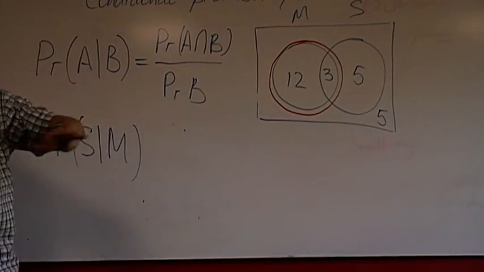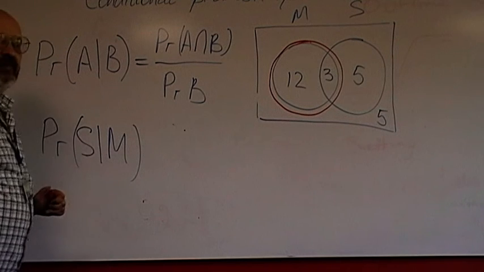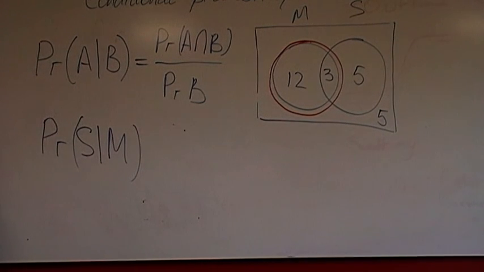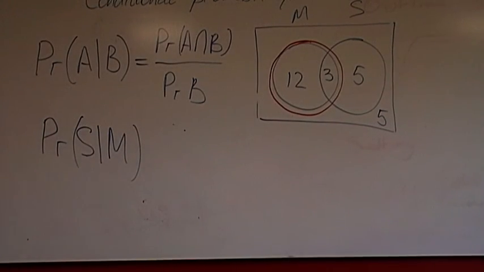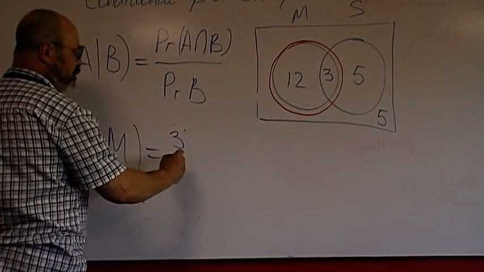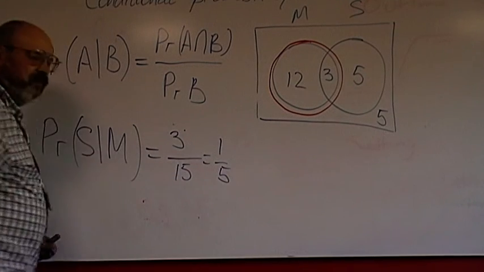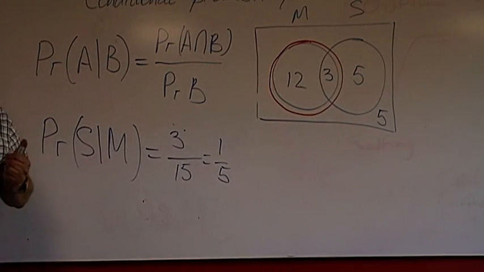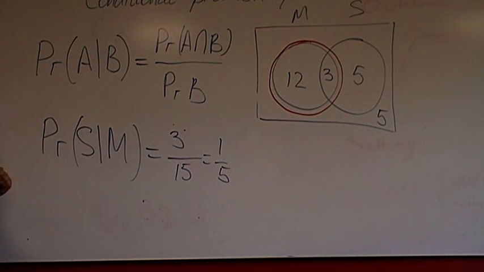Everything that's not here is gone. That's our sample space. So how many are doing science? We have 3 out of 15. So the intersection is 3 over 15, probability equals 1/5. So when we're dealing with conditional probability, we limit the whole sample space only to the given event.